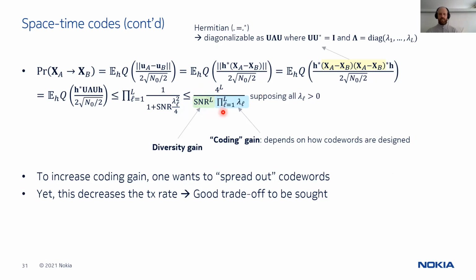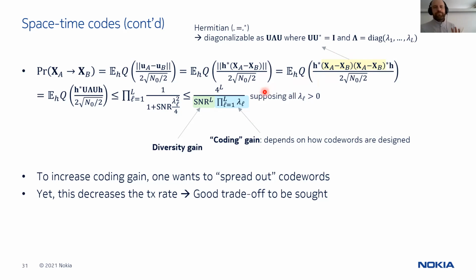What we have not seen before is this term, which is a bit involved in the sense that these are the eigenvalues of this matrix, which is basically the difference of the 2 code words, times its Hermitian.